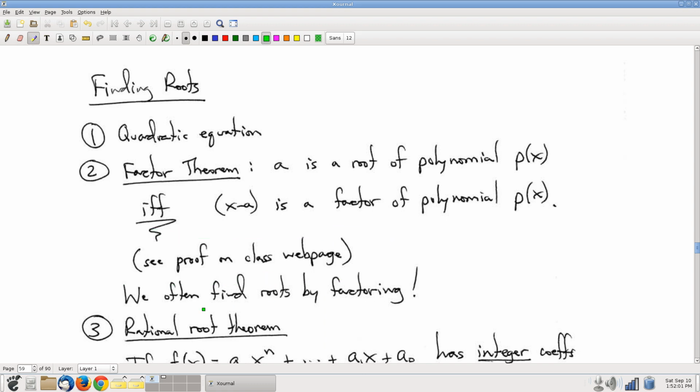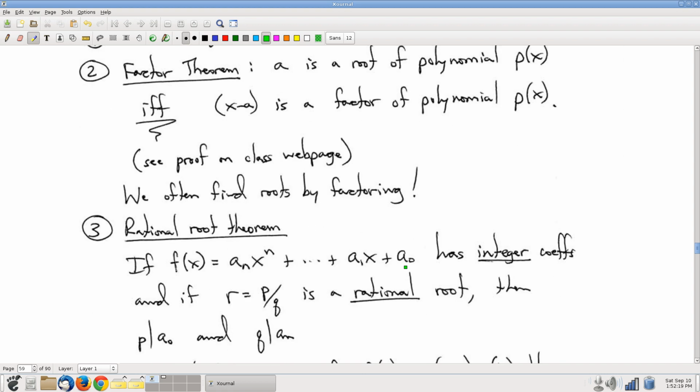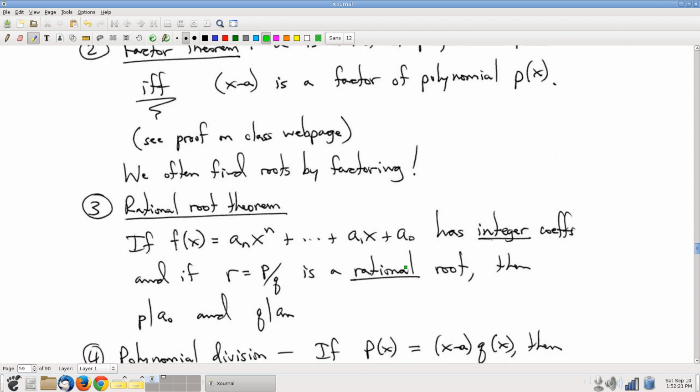So the idea then is if you're looking for roots, very often you can find those roots by finding factors. Right, so our attempt to find these roots is going to boil down very often to factoring the polynomial.